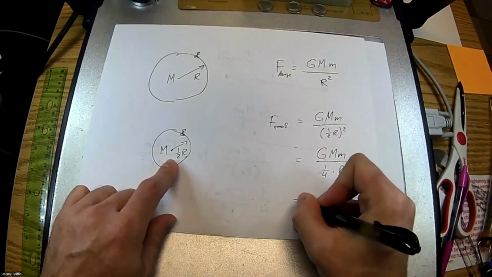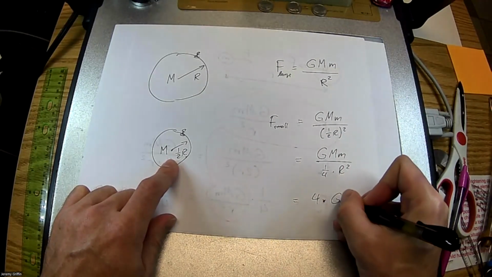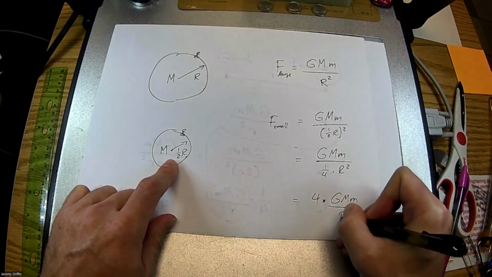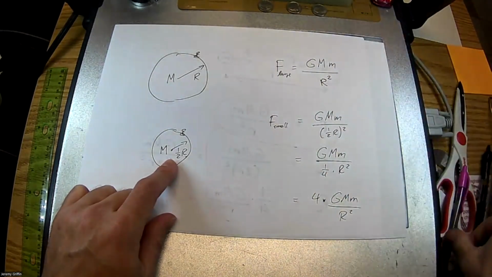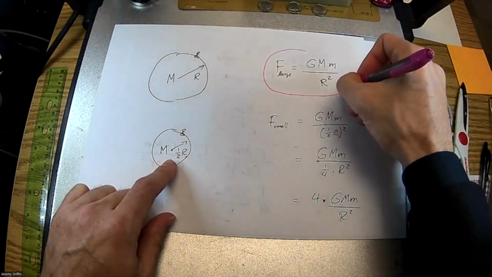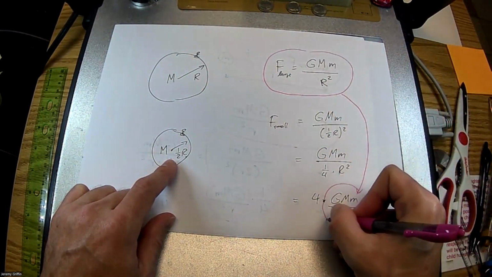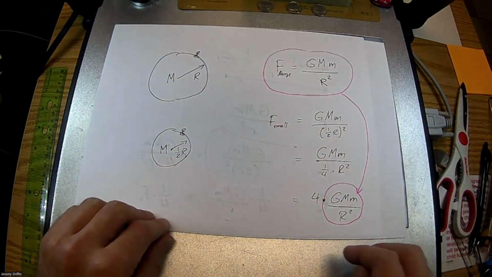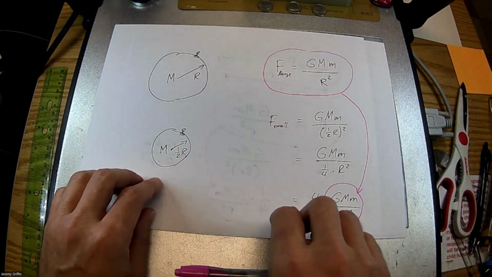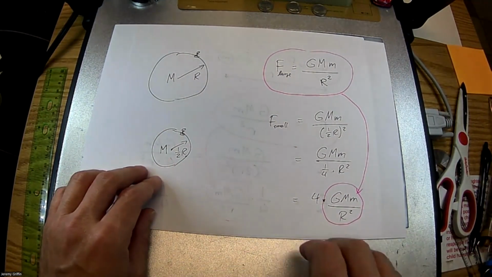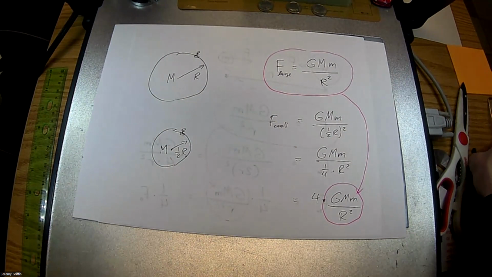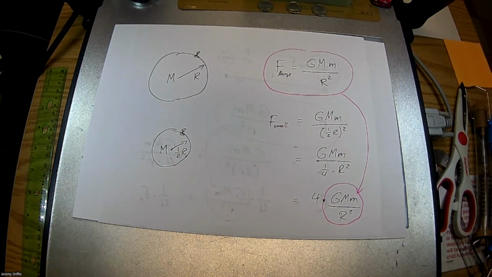And then 1 divided by a quarter, that's like 4 times. Now, if this whole GMm over r squared was originally 500 newtons, that's right here, 500 newtons, then your weight on the small planet would be 4 times 500 newtons. There's where you get 2,000 newtons. Now you weigh 2,000 newtons.